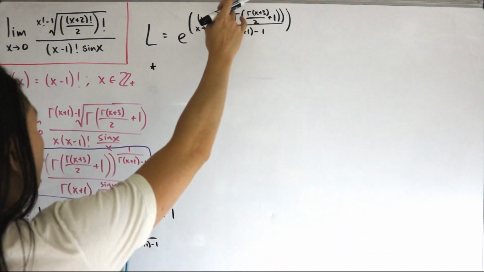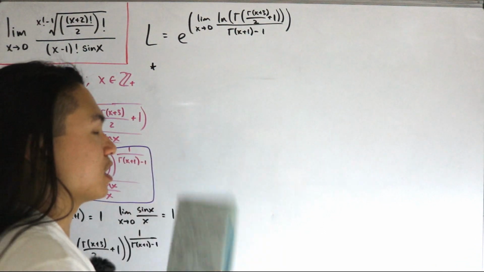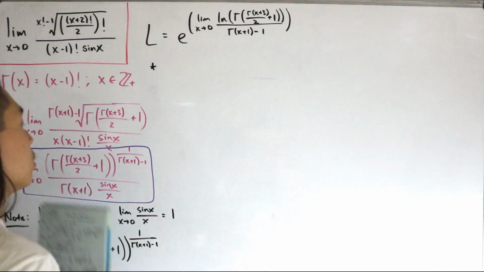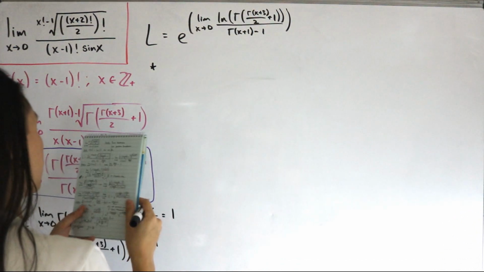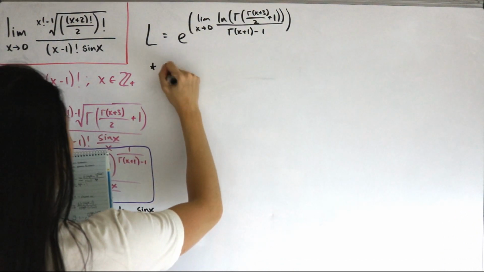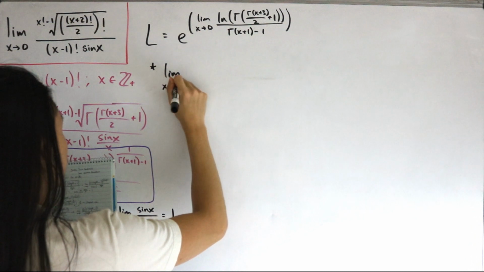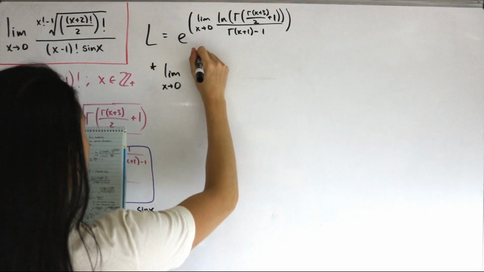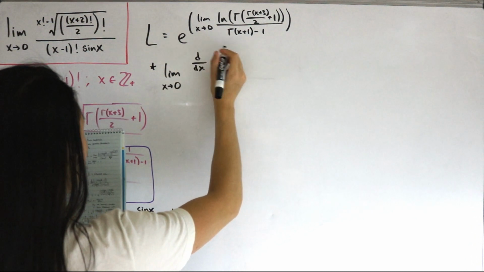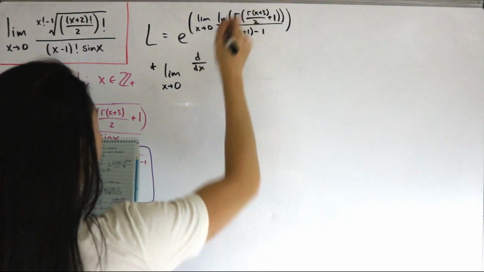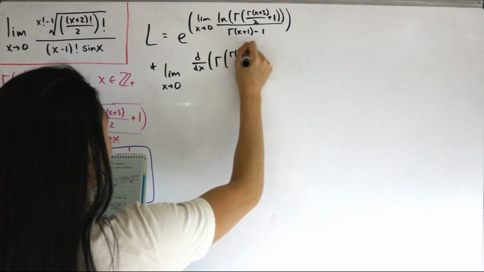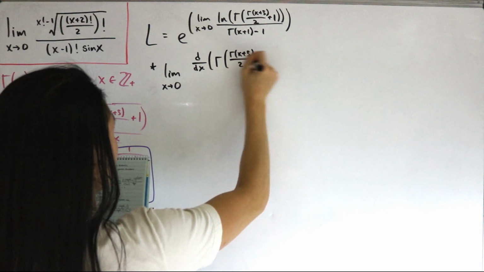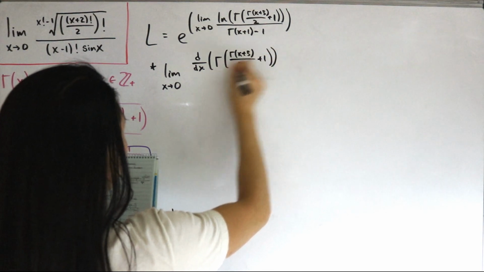Of course, over here with the natural log, we apply the logarithmic derivative of that. So take the derivative of the numerator and the denominator. What we have now is the limit as x approaches 0. First, we're just going to leave this as the differential, so the derivative d over dx of what's inside the input, so ln of gamma of x plus 3, divided by 2, add this with 1, close this off.